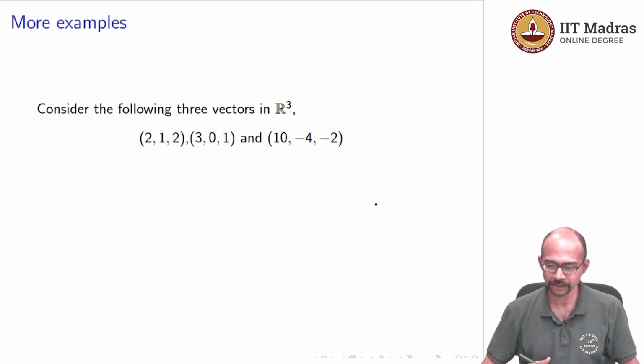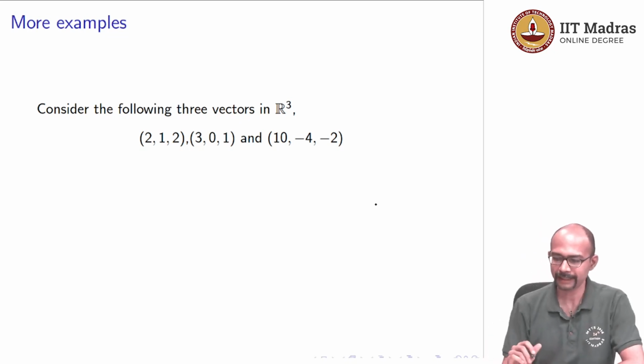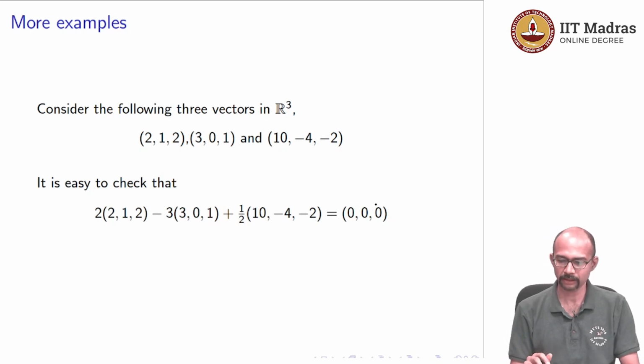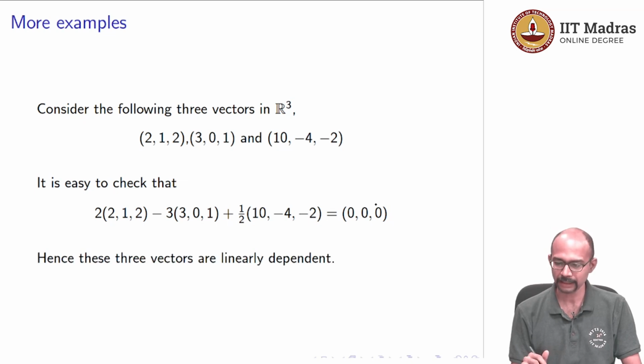So consider the following 3 vectors in R3: 2, 1, 2, 3, 0, 1 and 10, minus 4, minus 2. So here is an equation that we can check easily: 2 times 2, 1, 2 minus 3 times 3, 0, 1 plus half times 10, minus 4, minus 2 is the 0 vector. So from here it follows that these 3 vectors are linearly dependent.